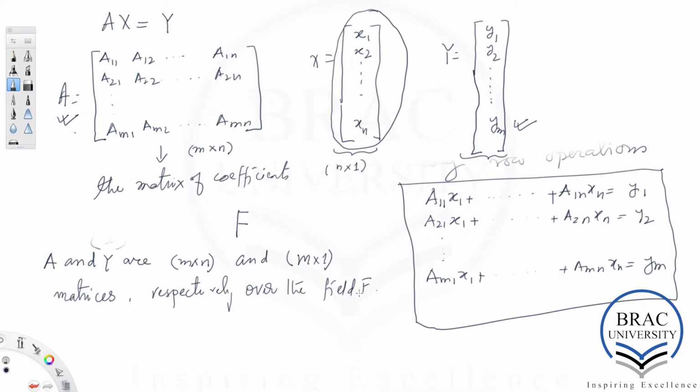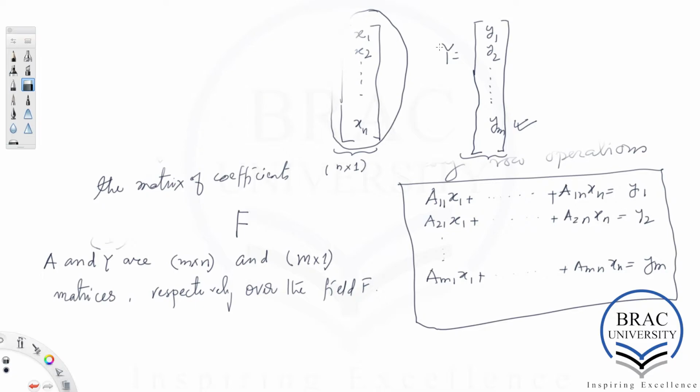Okay, so now we give the formal definition of elementary row operation. Now that we know how to write down a system of linear equations as a matrix equation, we define elementary row operations. Definition.